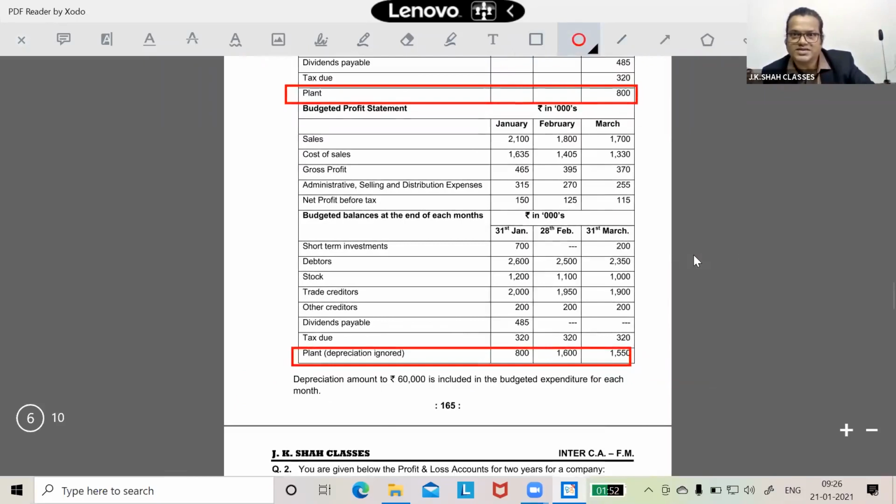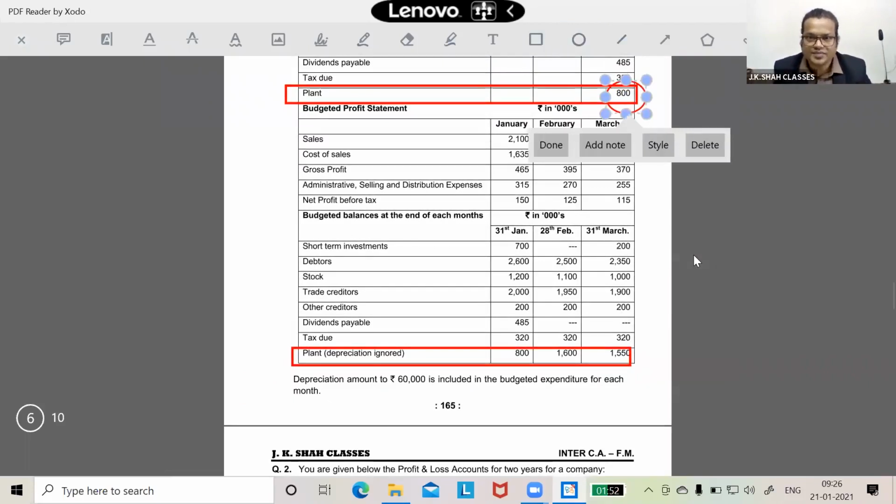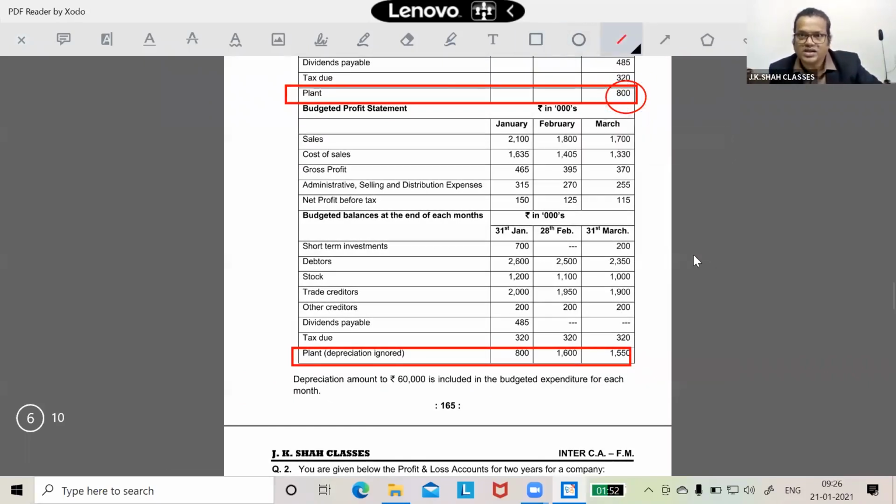See, here the opening balance is 800. Here the balance is the same, 800. No change from here till here. But now from here to here, from 800 it becomes 600, where it is clearly written that depreciation is to be ignored. How will this increase, people?